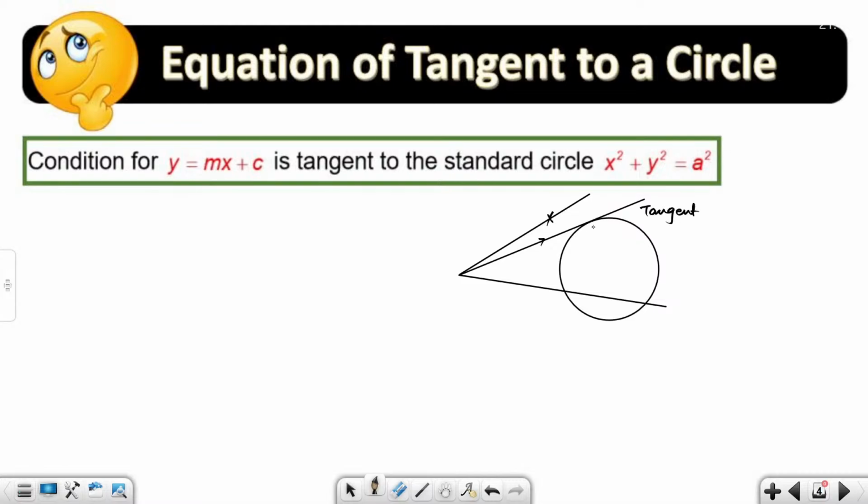And the point where it is touching is called your point of contact. And the line which is intersecting the circle at 2 points is called your secant.